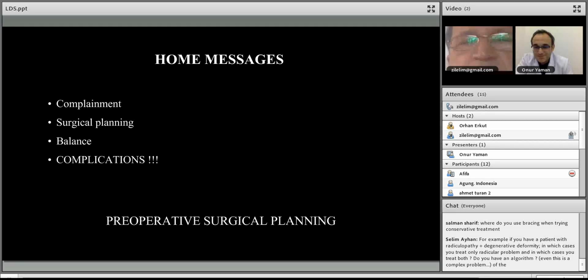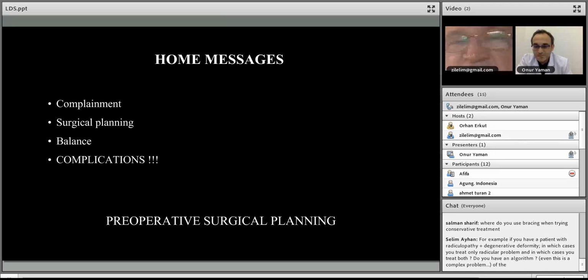Actually, I believe also in some instances we can perform a very short fixation and a decompression only, but your kyphosis or flat back will not be diminished.